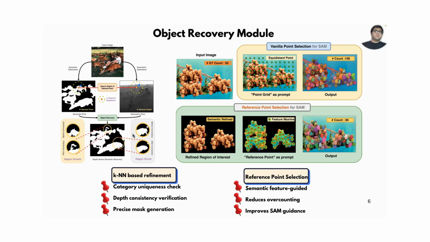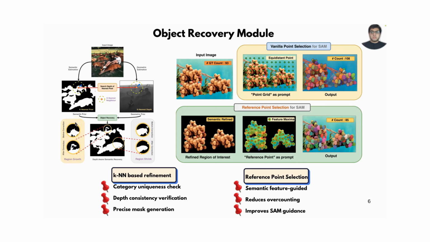The object recovery module is one of the most important parts of our framework. It uses KNN to refine segmentation masks by analyzing semantic and geometric features. Reference points are then selected from the masks, and KNN evaluates their proximity to enforce category uniqueness and spatial consistency.